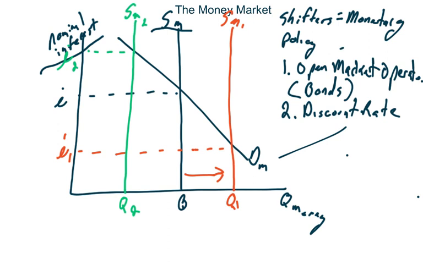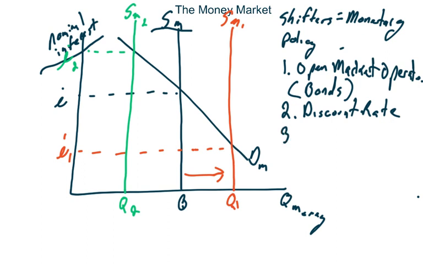Obviously, if the Fed wants to discourage economic activity, it would make the discount rate higher to discourage banks from borrowing money from it. And if it wants to encourage loans and increase business activity, then the Fed would lower the discount rate, making it more affordable for business to borrow money. So again, in a nutshell, the discount rate is the interest rate that the Fed charges banks when they want to borrow money from it.